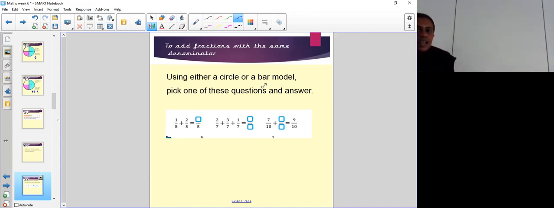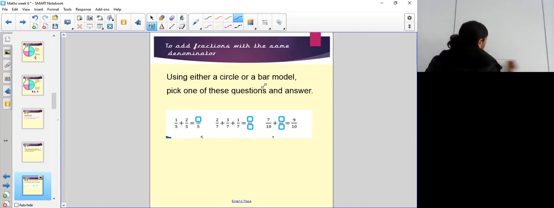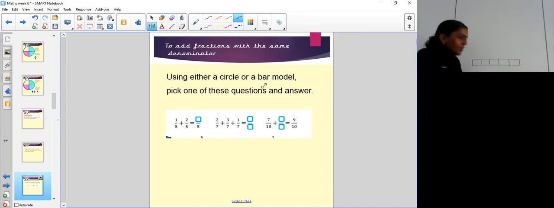So 1/5 add 2/5. So we know that it's out of 5. So my bar model is going to be split: 1, 2, 3, 4, 5. So it's 1/5 add 2/5. So I'm going to shade one of my fifths in this colour, purple, and that's representing my 1/5.